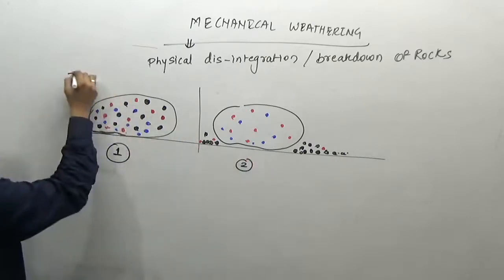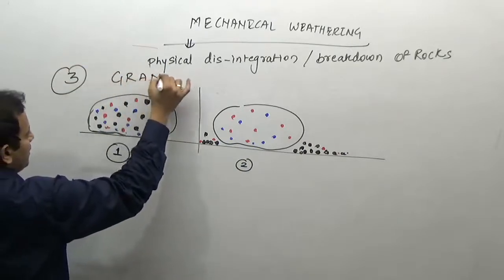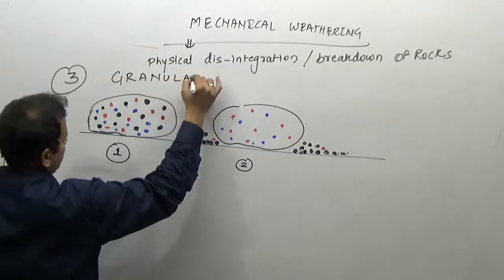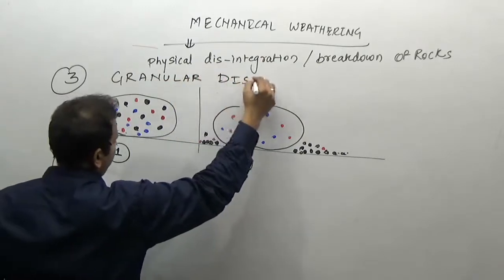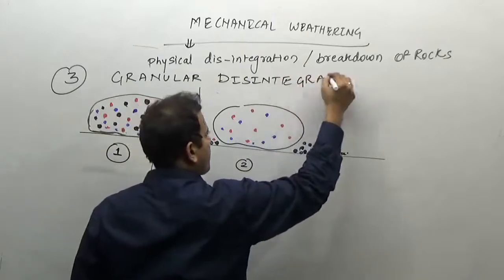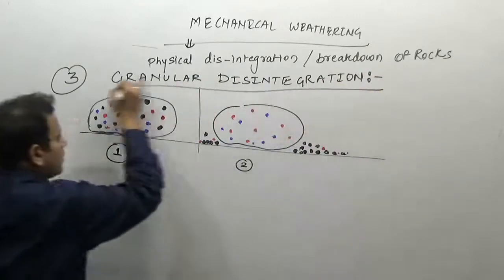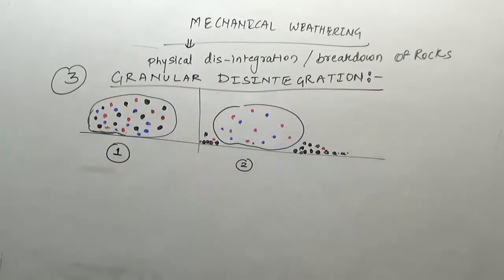So the third kind of a type of physical disintegration is granular disintegration. So the granular disintegration occurs in what kind of a rock? It will occur in well-jointed rock or in crystalline rock. What is this?